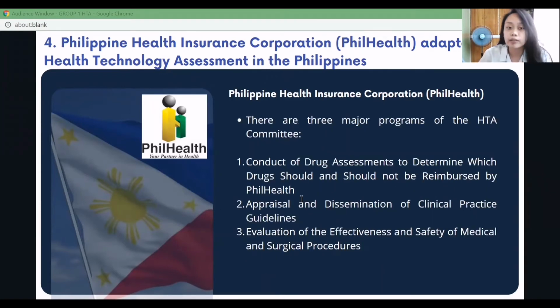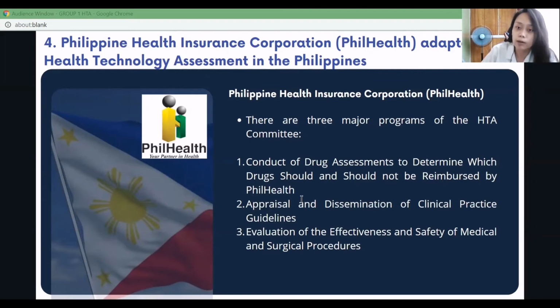So there are three major programs of the HTA. First is the conduct of drug assessments to determine which drugs should and should not be reimbursed by PhilHealth. Drugs assessed to be effective, safe, and cost-effective are temporarily included in the PhilHealth Positive List. So what is this PhilHealth Positive List?